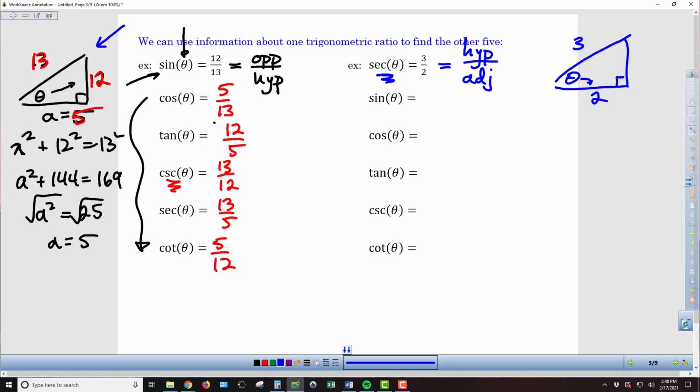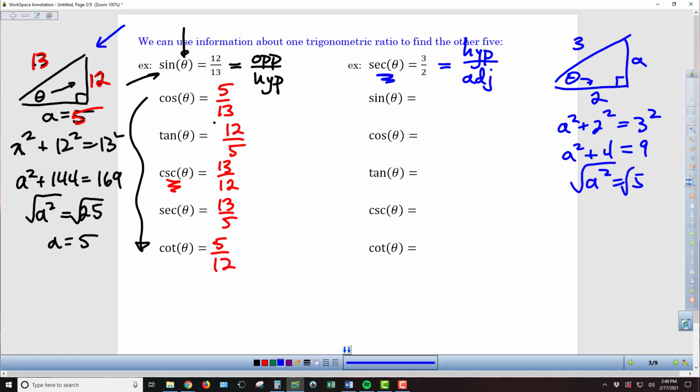So once again, I'm going to have to use a little Pythagorean theorem to figure out what this opposite side is. We can call it A. So that means I've got A squared plus 2 squared equals 3 squared. Or A squared plus 4 equals 9. So if we subtract 4 from both sides, I get A squared equals 5.